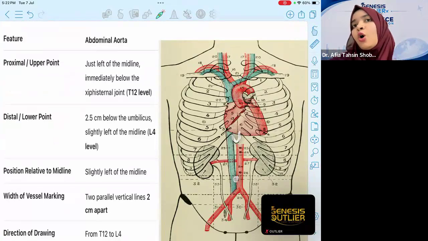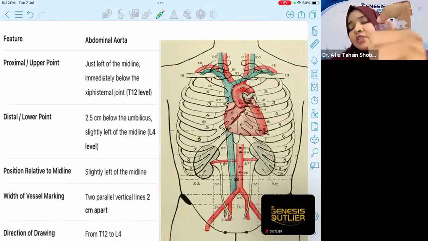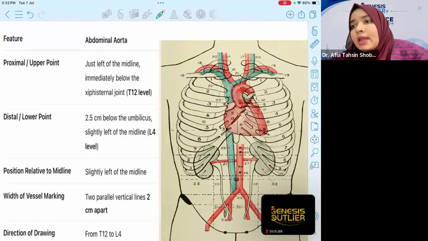Our proximal or upper point will be just left of the midline, immediately below the xiphisternal joint. Okay, this is xiphisternal joint. This is xiphoid process. So just below the xiphisternal joint, you will get the proximal point of abdominal aorta origin, and its vertebral level is T12.